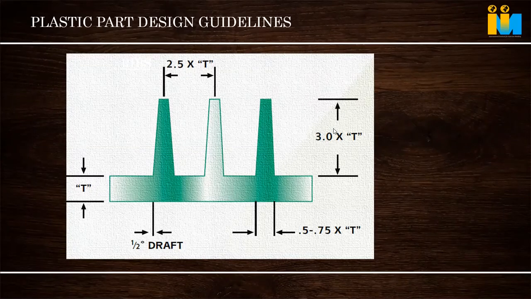And secondly, Suhas, I think the ribs should also have a radius on top. Yes, possibly you have not given the radius. Yes, radius should be there. This is a schematic diagram, I just wanted to show the dimension. Yes, radius is mandatory if you want a good part.